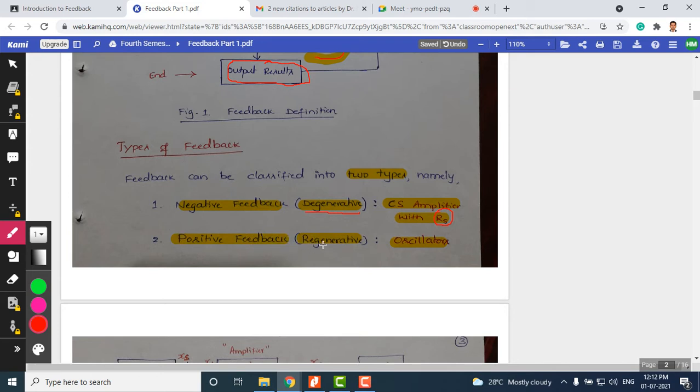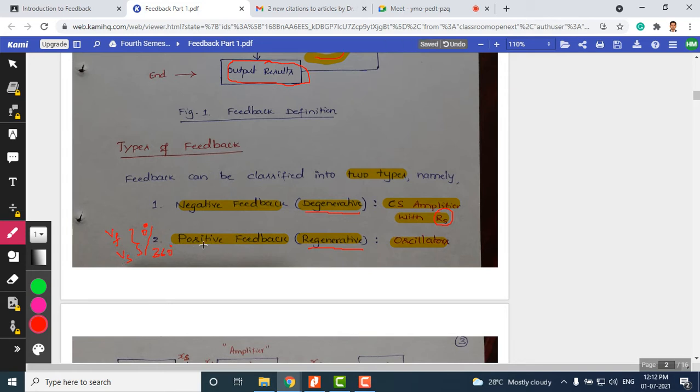So positive feedback circuits are also called regenerative circuits. Every time the system tries to boost its output, because the type of feedback here is positive. Positive means the feedback signal and the source signal are going to be in phase. In phase means the phase shift must be 0 degrees or 360 degrees. Okay, so both are in phase.